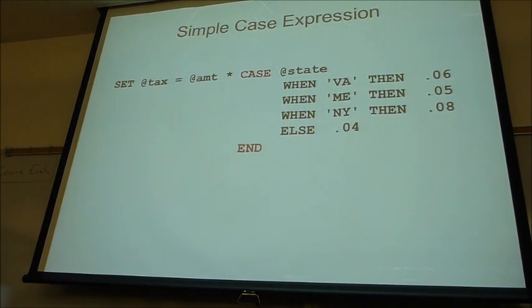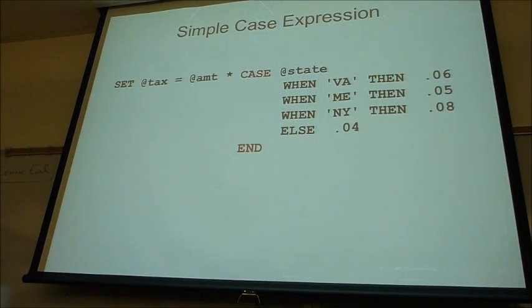You're used to doing it if state is equal to Virginia. Here it says, we look at state, and when state is Virginia, then, if that's true, good, and you're out. If not, it goes to the next one.